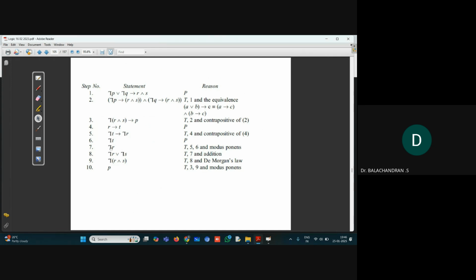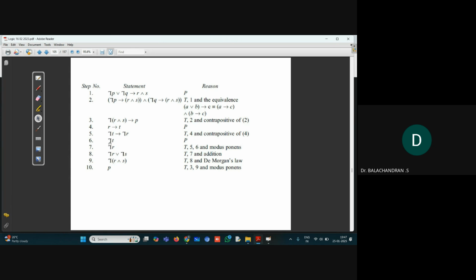Now from 7 to 8 is a crucial step, because they are using addition. So P implies P or Q. I rarely use addition.